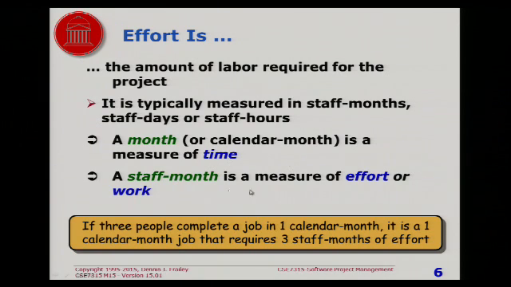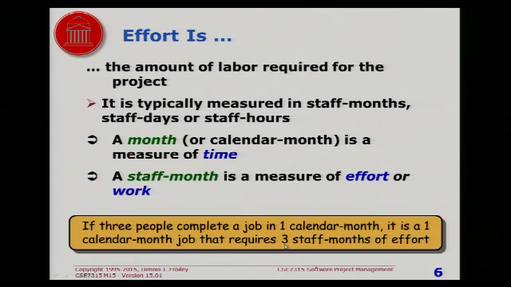A staff month is a measure of effort. And it's important to understand the difference between those two. If 3 people complete the job in 1 month, that's a 3 staff month job, but a 1 calendar month job.